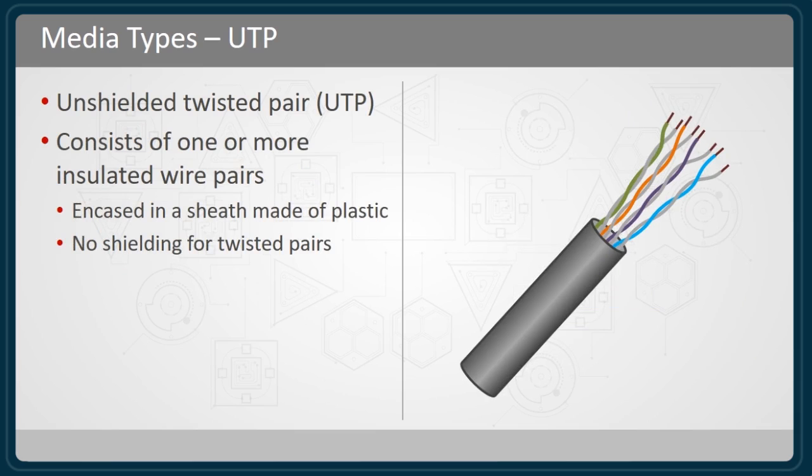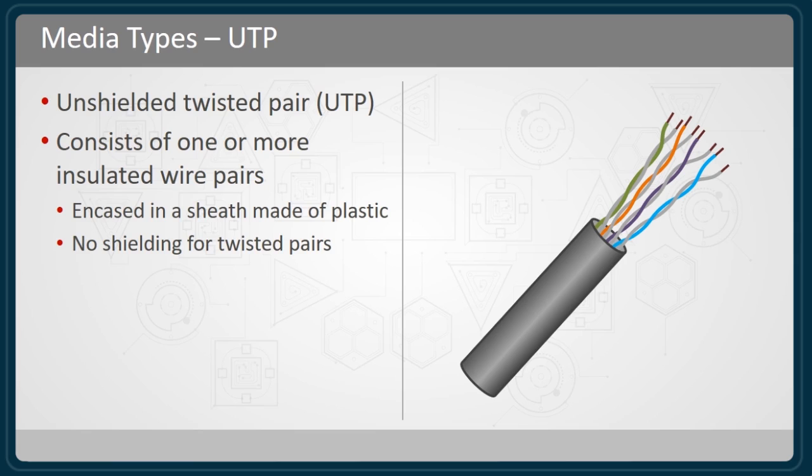So the next type then is what's known as UTP, or unshielded twisted pair. And this is where we start to see what you might think of as regular Ethernet cable. But with unshielded twisted pair, we do have these multiple pairs of insulated wire. Now, the insulation just refers to the plastic type of material over the copper, not shielding.